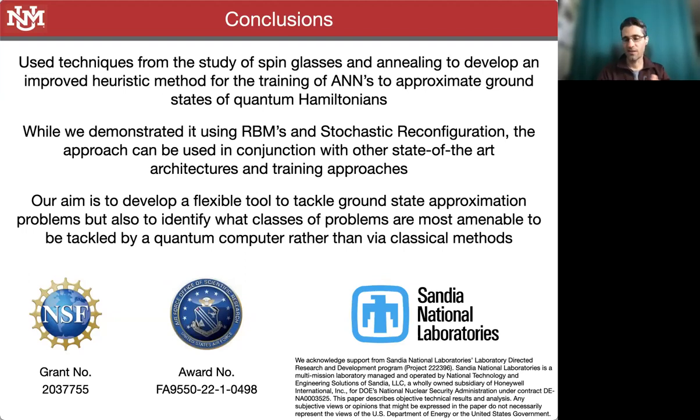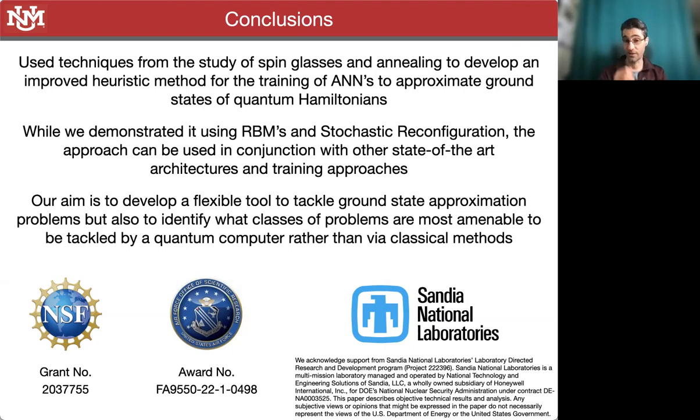Now, what does this rugged energy landscape depend on? It depends on, for example, if you chose something other than an RBM, right? So for example, if you chose a CNN or a group CNN, your choice of architecture changes the energy landscape. So some artificial neural networks work better than others, depending on the Hamiltonian you're interested in.